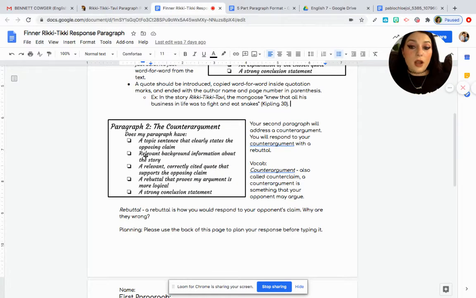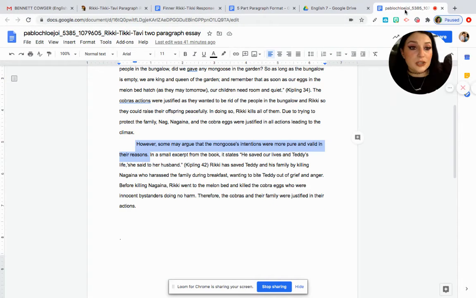Next, we need to have relevant background information about the story. Again, background information is 1 to 2 sentences. Actually, this student doesn't have any background information really before their quote.